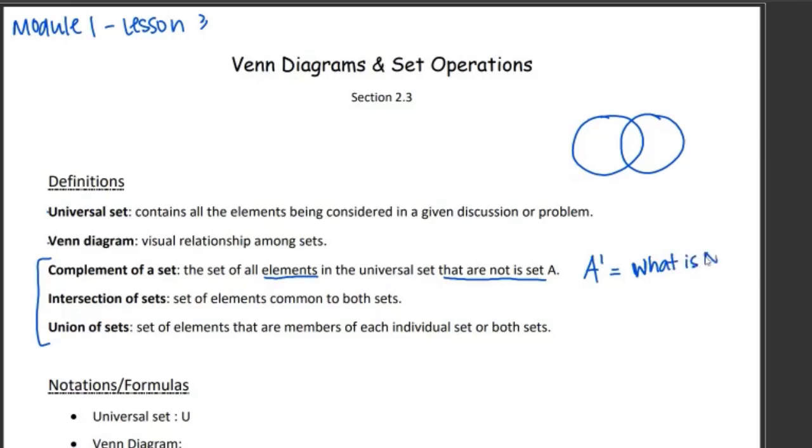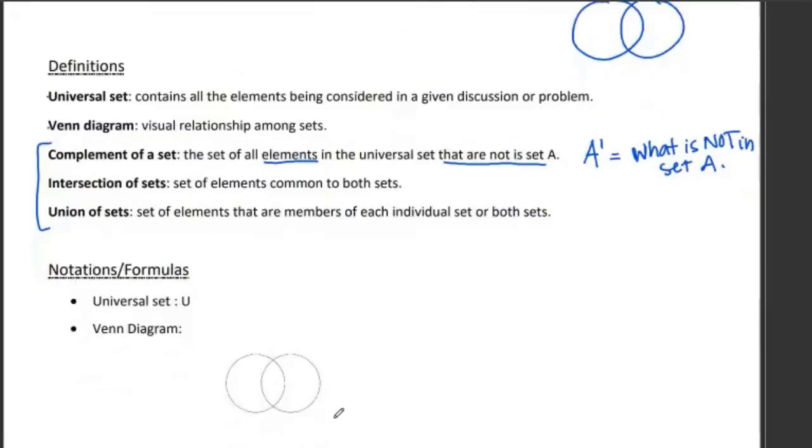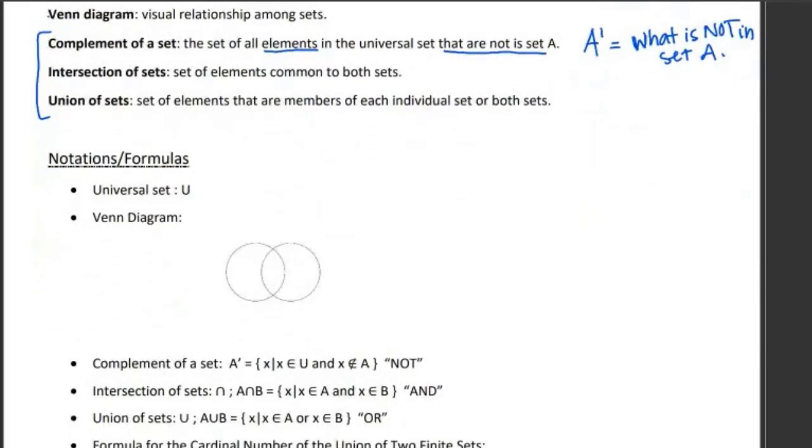What is not in set A? So complement is represented with that little tick mark. So the complement of a set, and let me just highlight this. You will use that little tick mark after the set, and it is going to be what is not in that set.